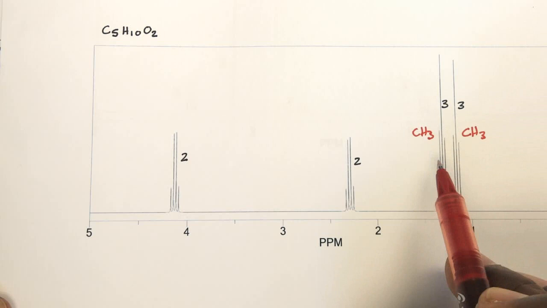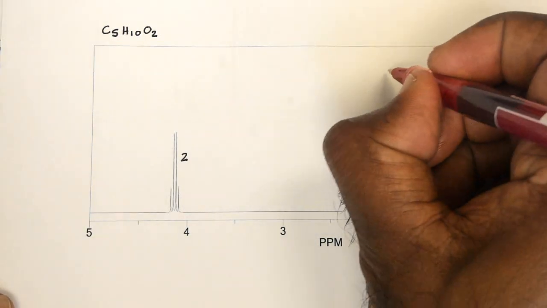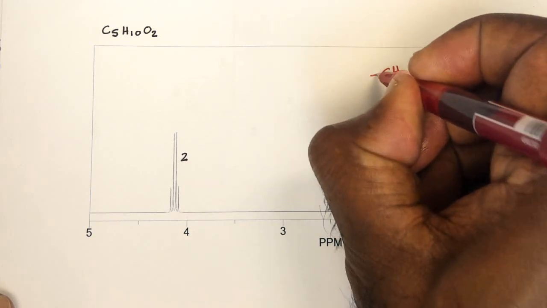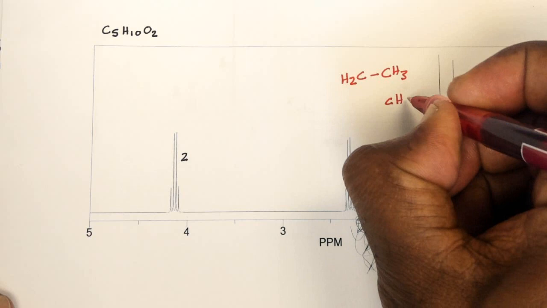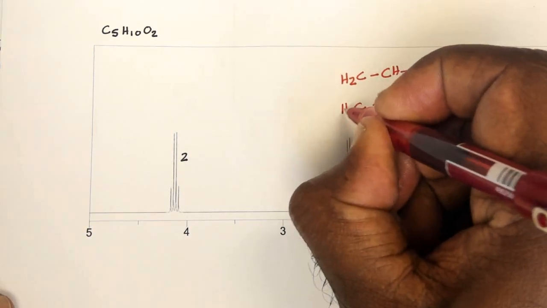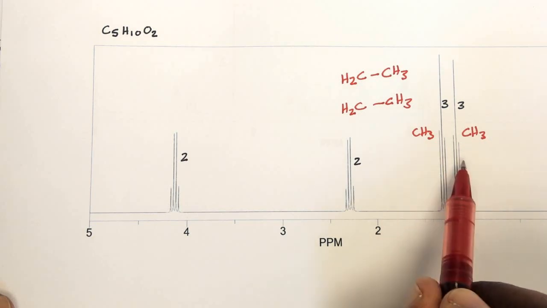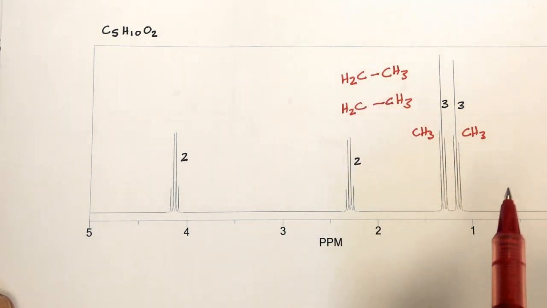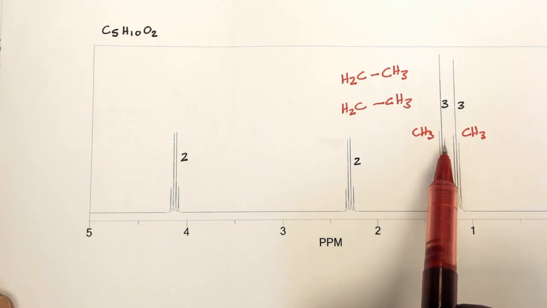I then look at each of these groups, and like we did previously, each must be next to a CH2, the reason being that they each are triplets, and something will split them into a triplet, and that's a CH2.